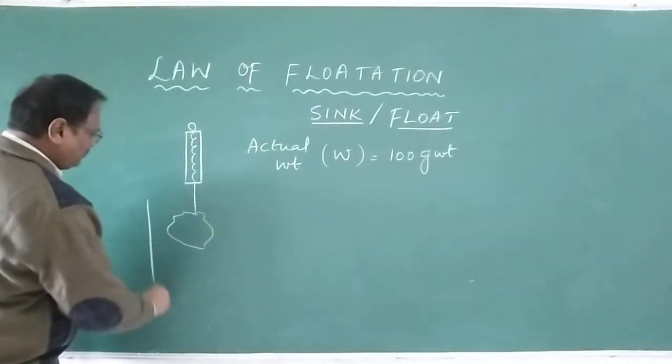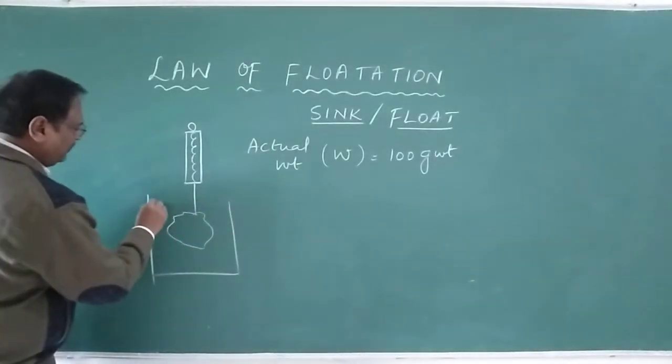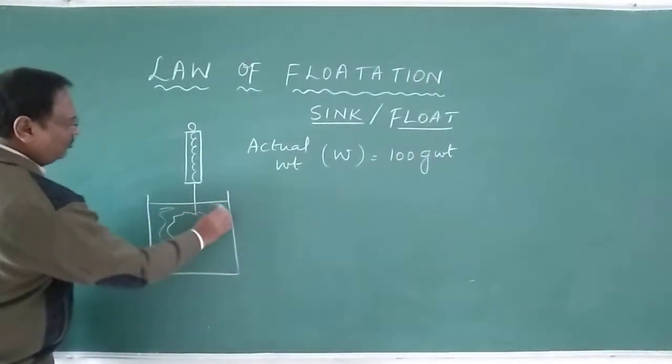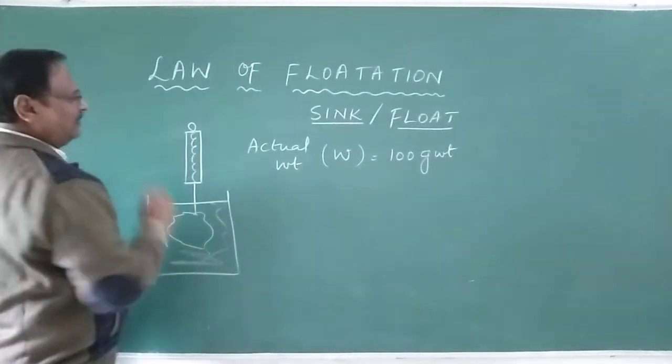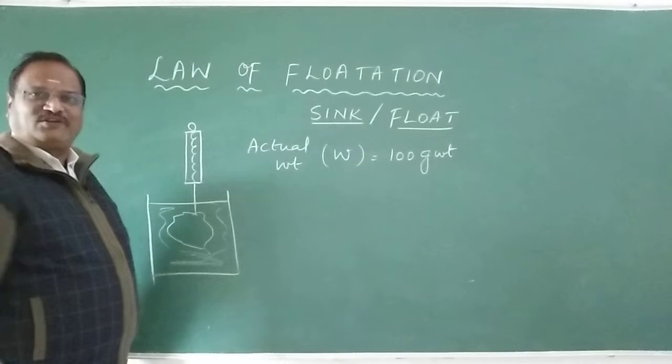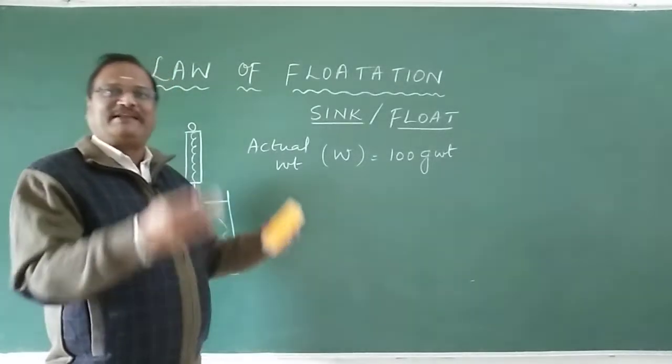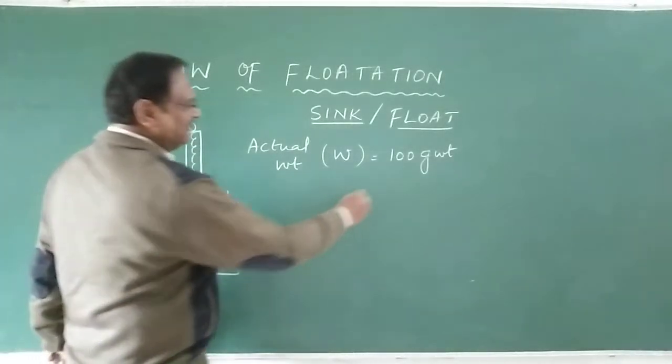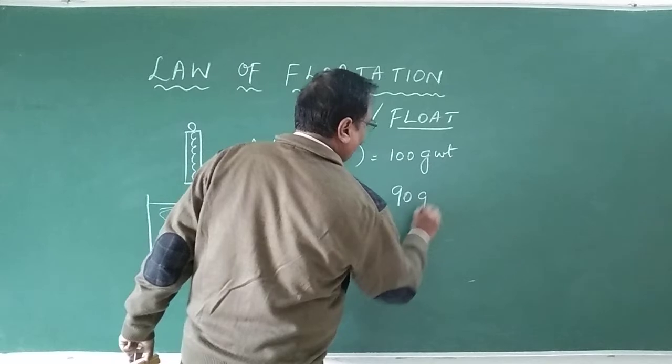Now, when I immerse it in water, what will be the reading in the spring balance? Will it be less or more? You should know that it will be less. Why will it be less? It will be 90 gram weight.